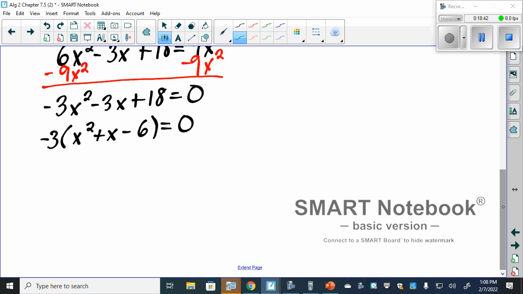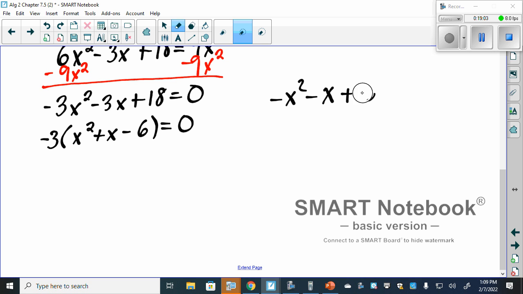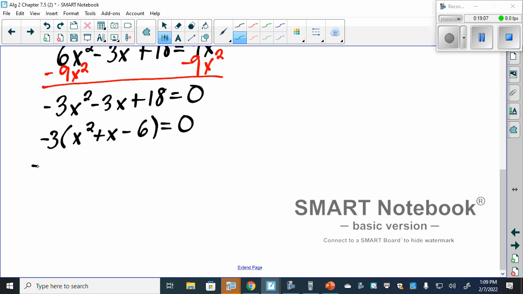Okay, that's a little bit easier to work with instead of having negative x squared minus x plus 6. Because if we did it this way with the negative x squared, our factors of x squared, one would have to be negative x and one would have to be x.